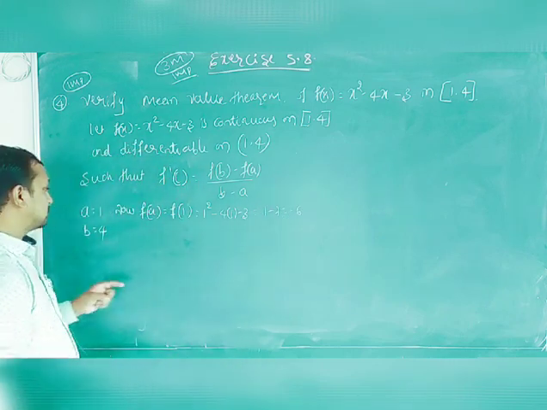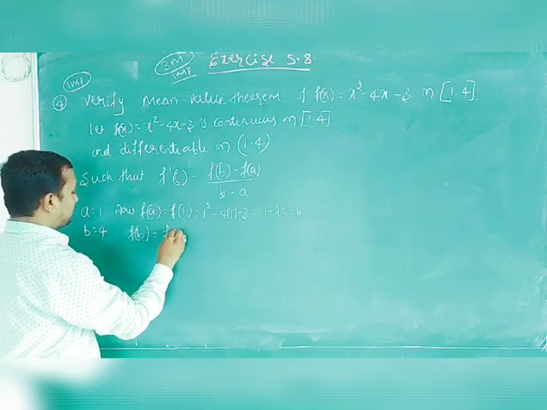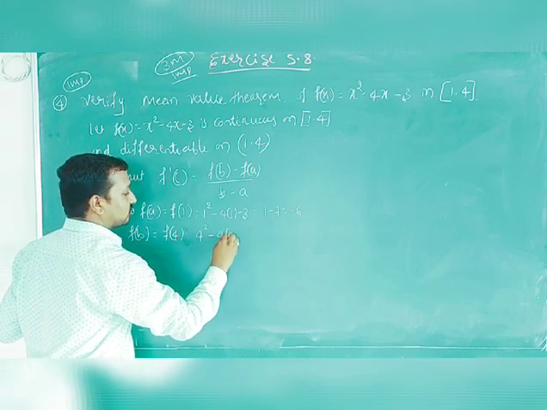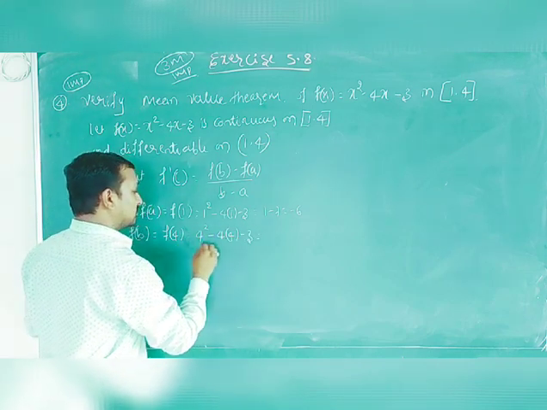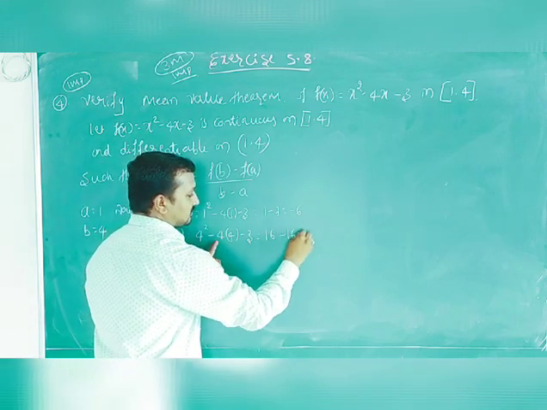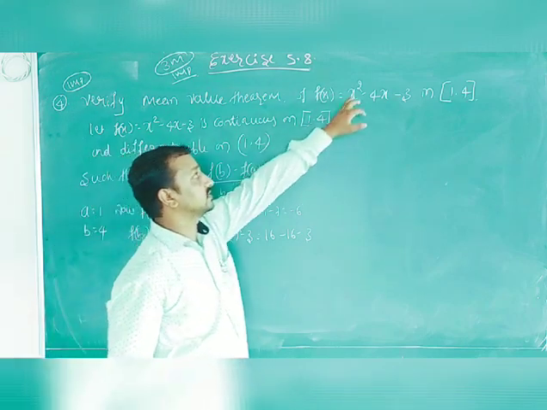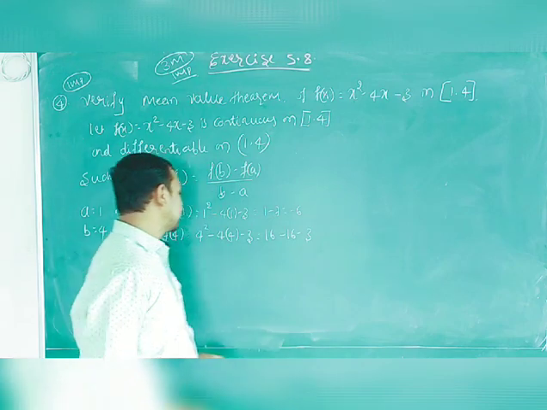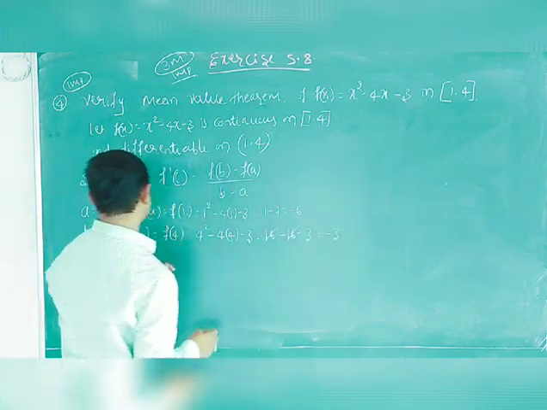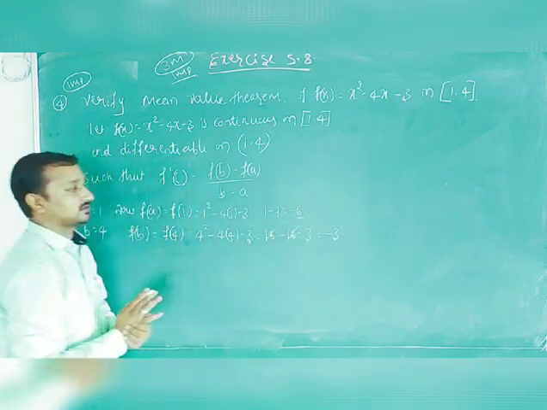And f of b is f of 4. So 4 square minus 4 into 4 minus 3: 16 minus 16 minus 3, so minus 3. So f of a is minus 6, f of b is minus 3.